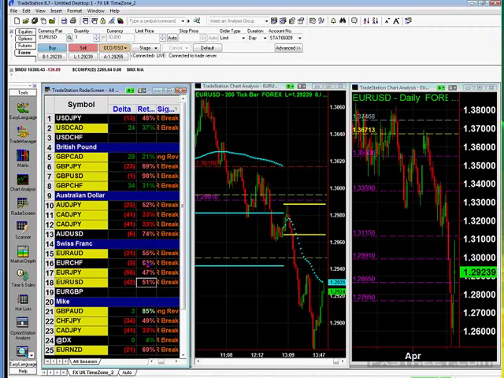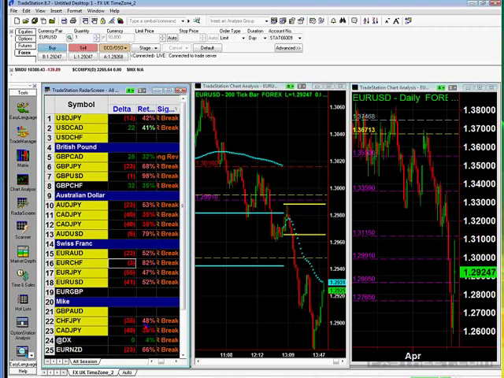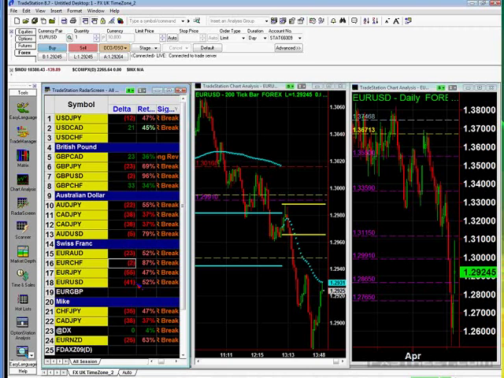The euro Swiss came back. It's only 3 ticks or 4 ticks below the range. So we're having quite a decent bounce in the euro.